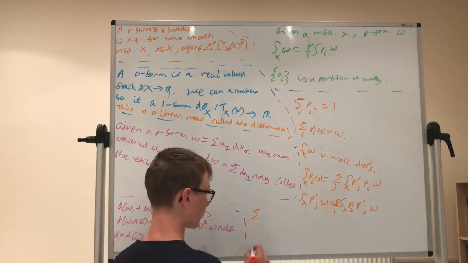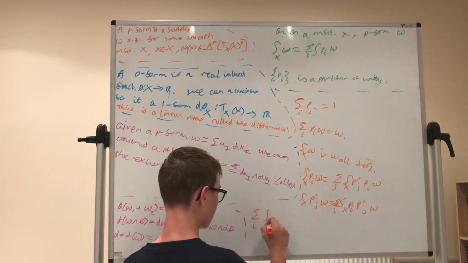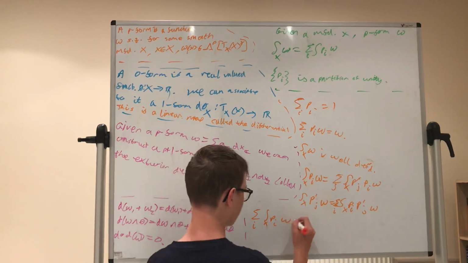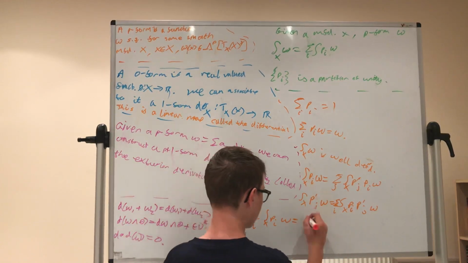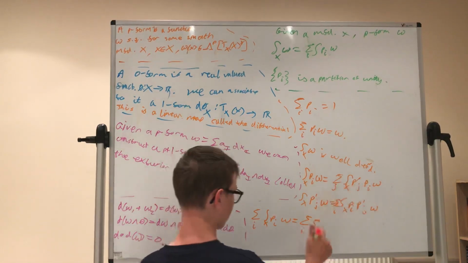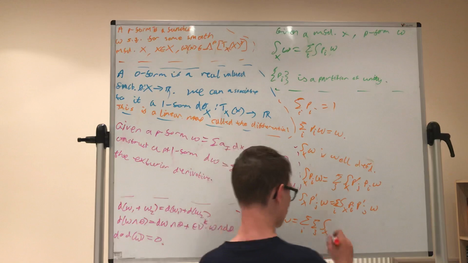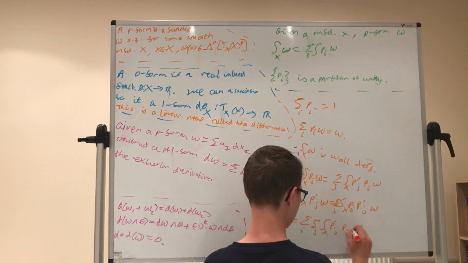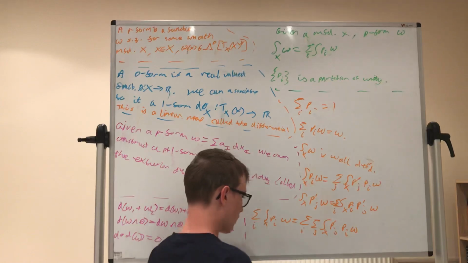Combining these results, we get that the sum over i of the integral over X of p_i omega is equal to the sum over i of the sum over j of the integral over X of p prime j p_i omega.